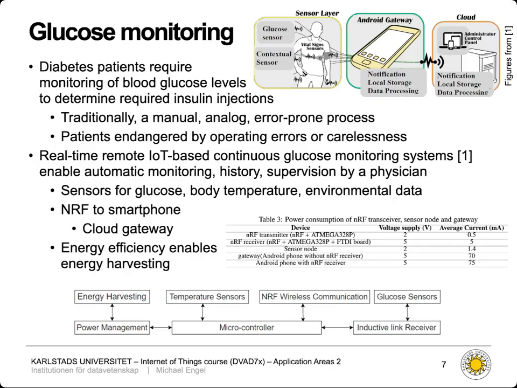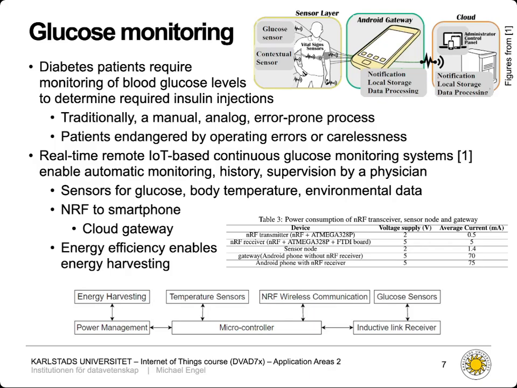So which components do you need here? You have a microcontroller as shown in the bottom of the slide in the middle, and this microcontroller is connected first obviously to a power management device, which then in turn is connected to whatever form of energy harvesting you're using, maybe temperature based, maybe based on retrieving energy from body movements and so on.